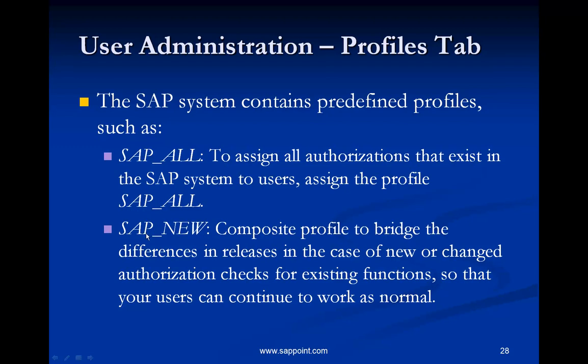Now you should assign this profile to users when you are upgrading the SAP system from one version to another version. So with every new version SAP introduces new functionality into the SAP system, so it would introduce new transaction codes, new authorization objects, new authorizations for objects.